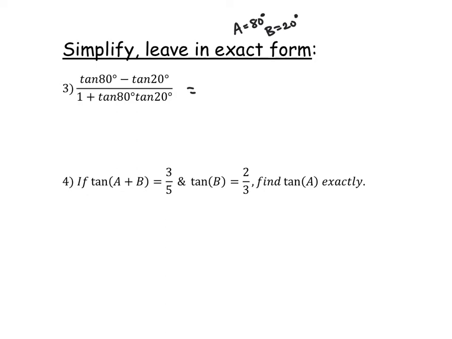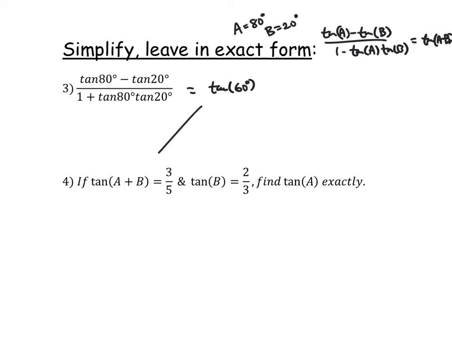So tan A minus tan B over 1 plus tan A times tan B is equal to tan of A minus B. So this is technically the tangent of 80 minus 20, which is 60.